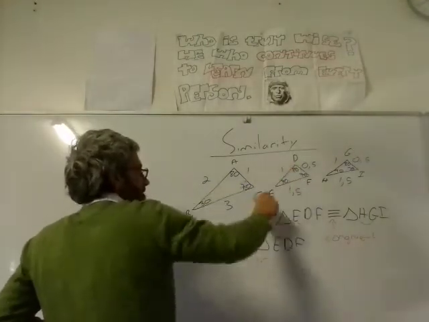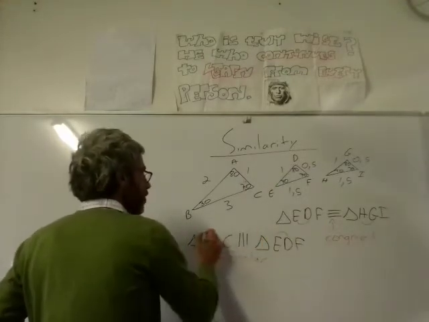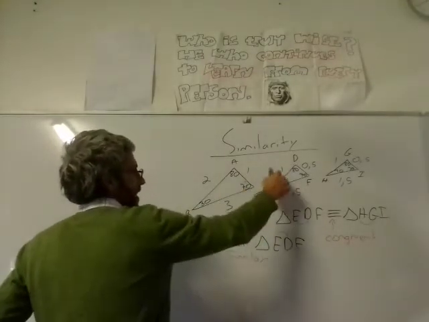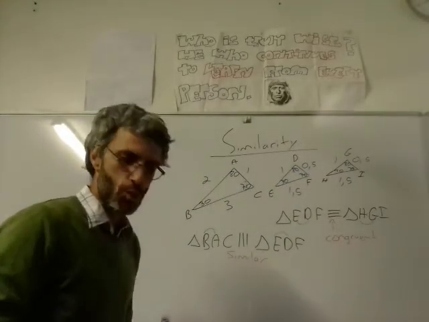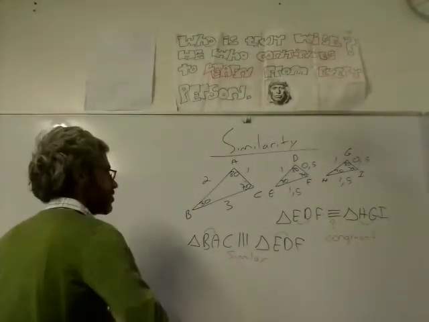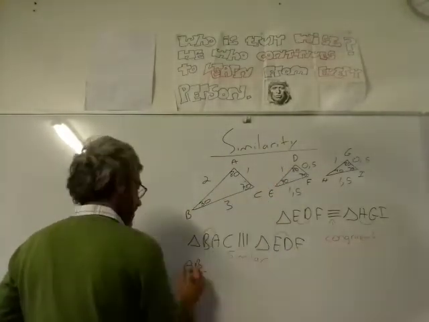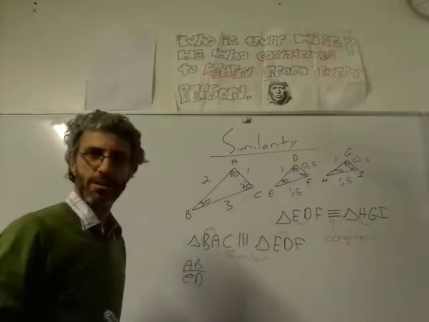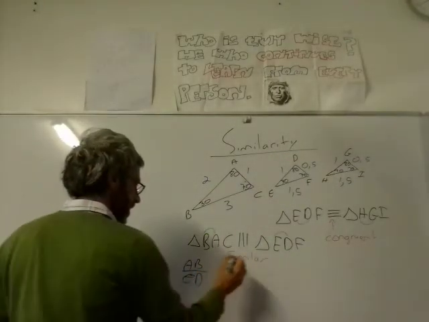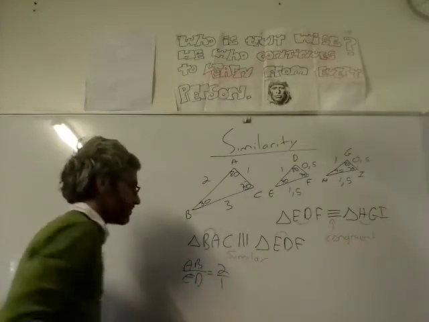ED is not equal to AB. This is 1, this is 2. But let's find the ratio between them. AB over ED is equal to 2 over 1.